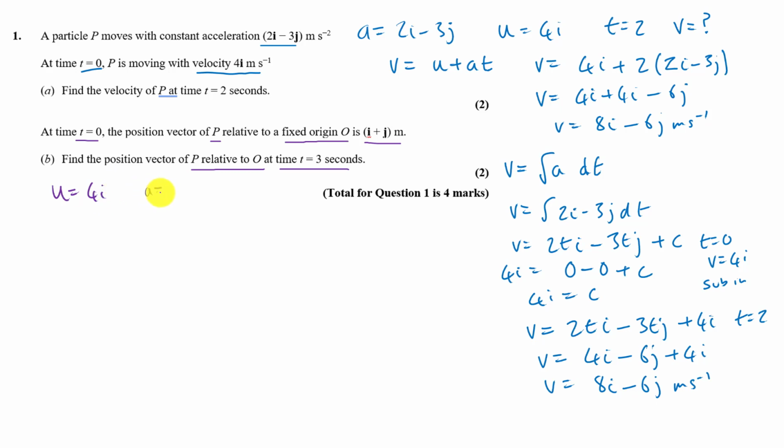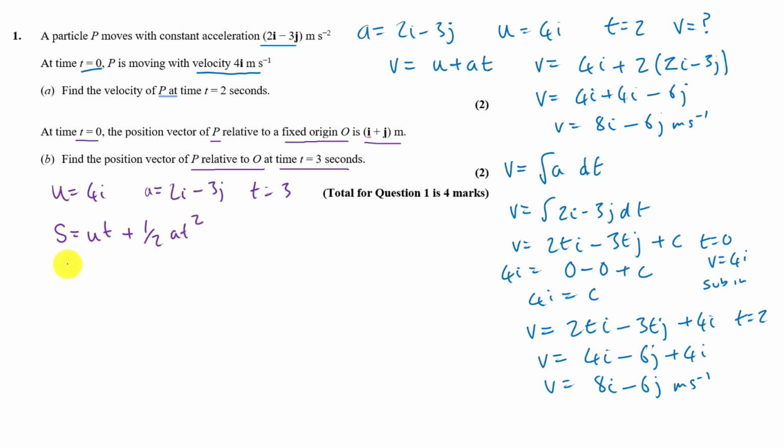The acceleration is still 2i minus 3j, but this time t equals 3 seconds. Now we're looking for the position vector, and so the SUVAT equation we need to use is s equals ut plus a half at squared.